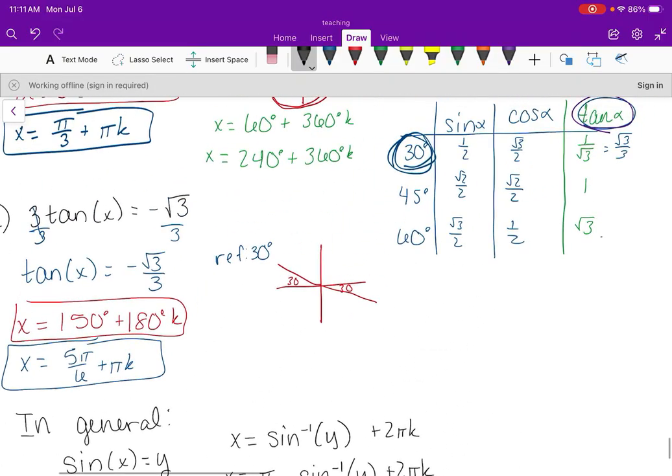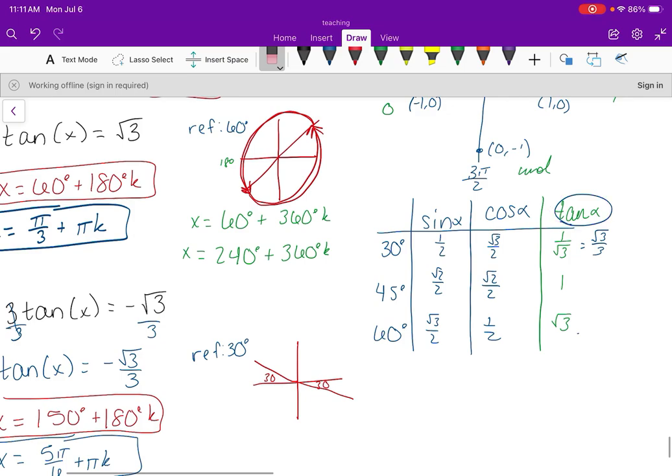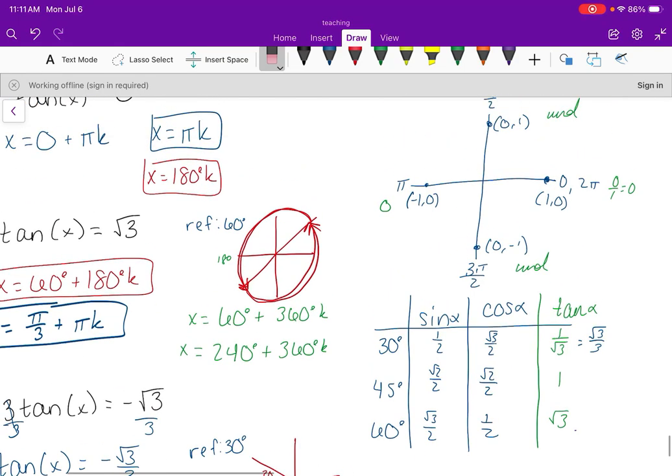And I'll do another one too, but I need my table, so I'm going to bring that down for us.